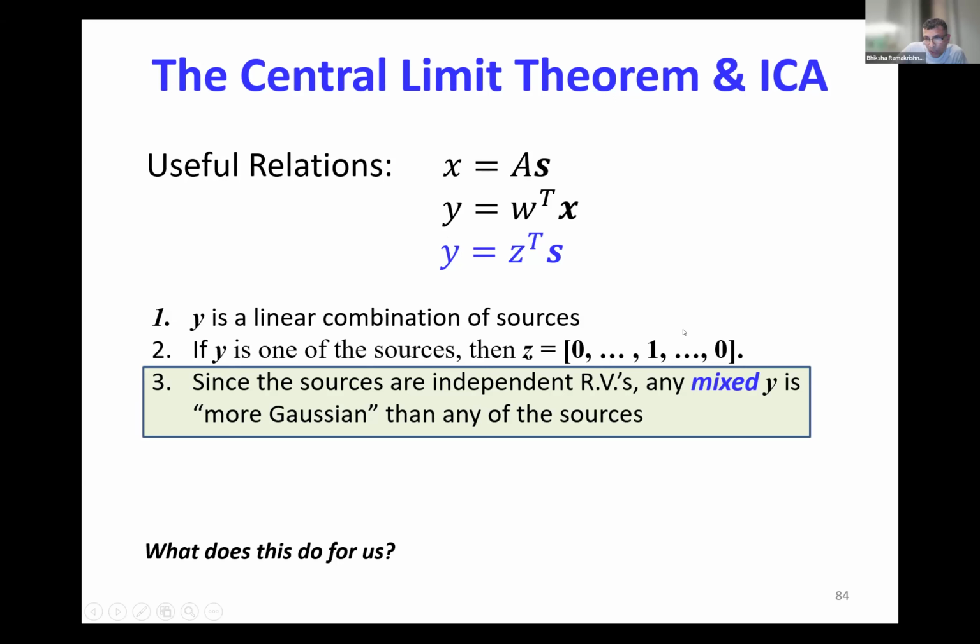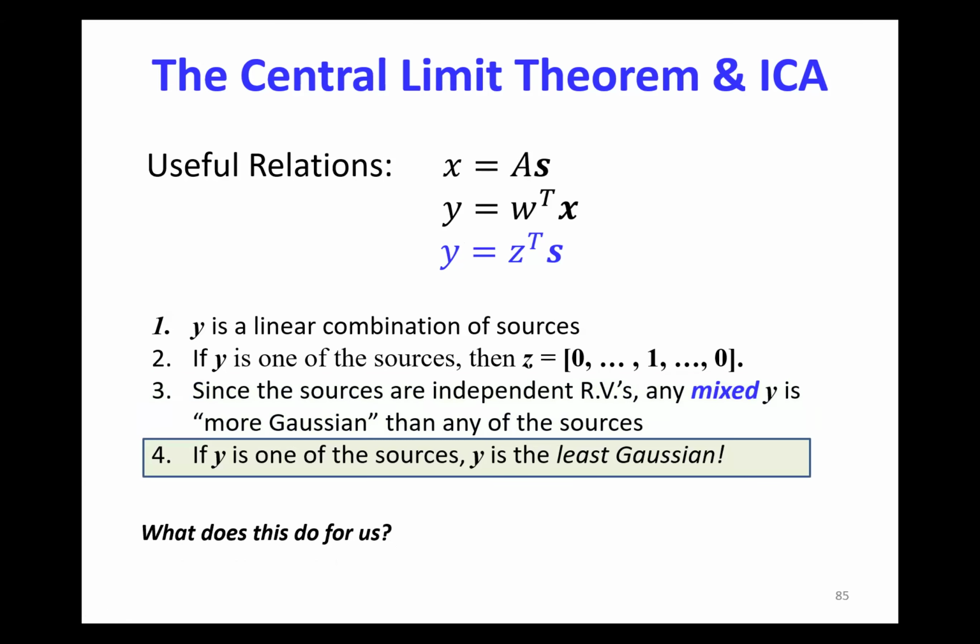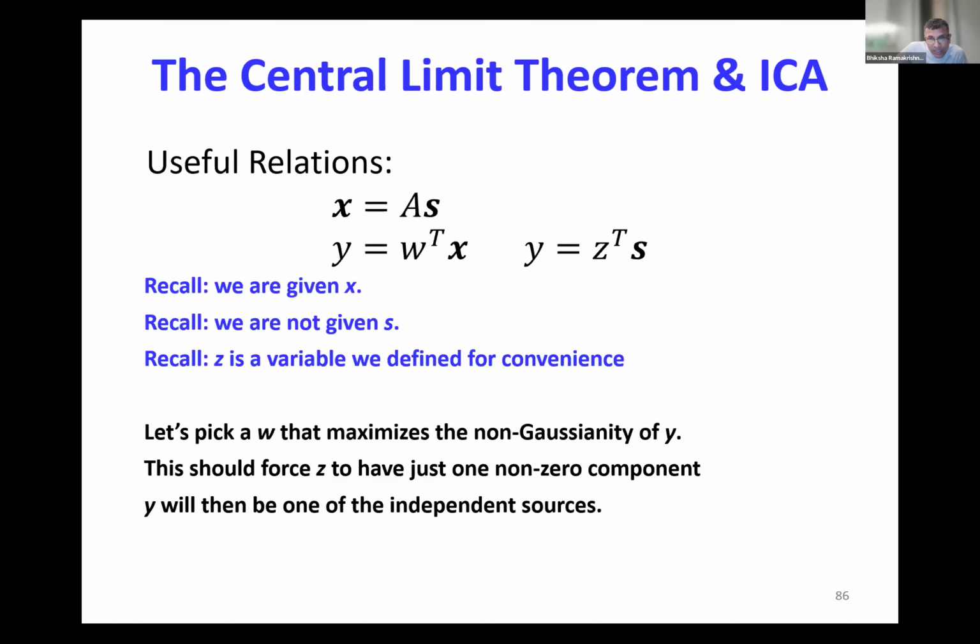Because if Z is not one-hot, then I'm getting some mixture of sources. And we know that when we mix sources, you increase the Gaussianity because you're increasing the randomness. Only when Z is one-hot are you picking only one source, and that's when this is going to be least Gaussian. So if Y is one of the sources, it's least Gaussian.